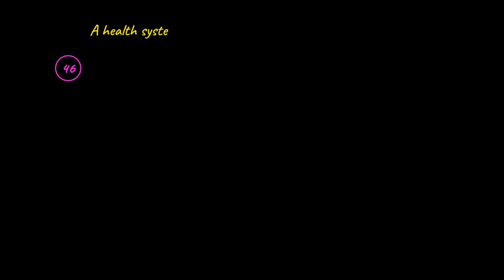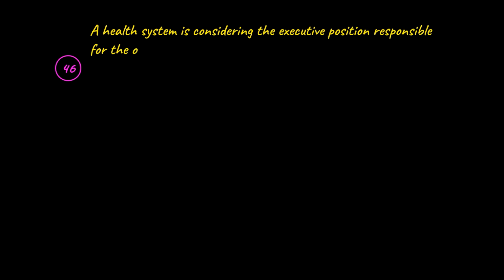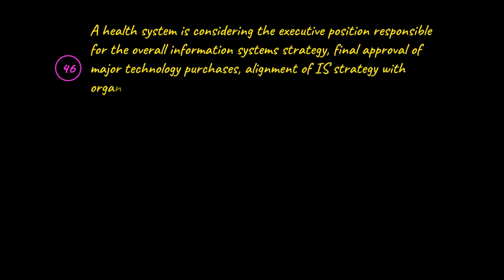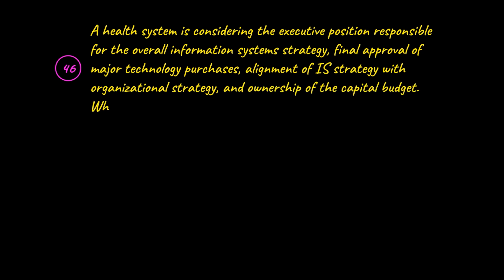Question 46. A health system is considering the executive position responsible for the overall information system strategy, final approval of major technology purchases, alignment of IS strategy with organizational strategy, and ownership of the capital budget. Which role best fits this description?